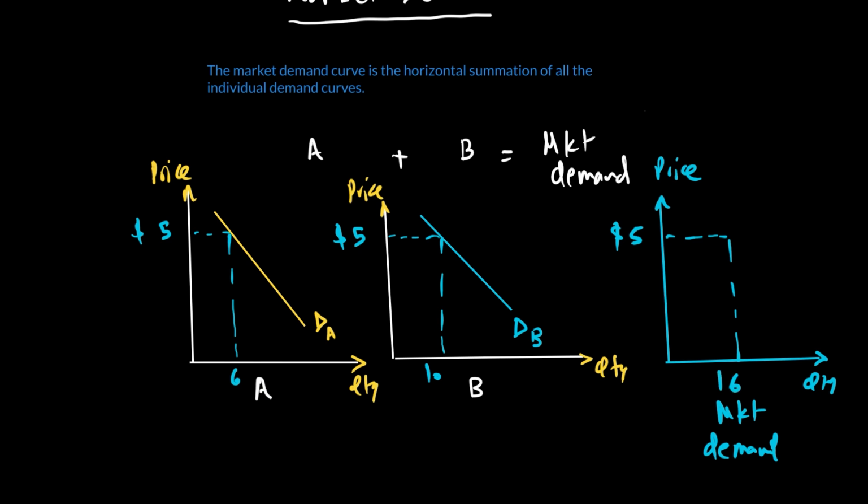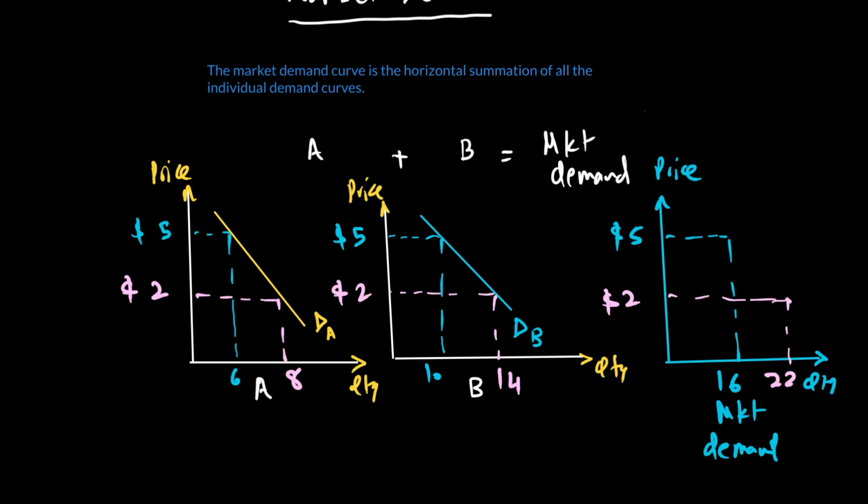Similarly, at the price of $2, A is demanding, for example, 8 units, while at the price of $2, B is demanding, for example, 14 units, which means at the price of $2, the market is demanding 14 plus 8, which is 22 units.